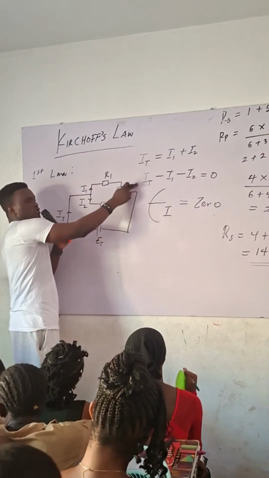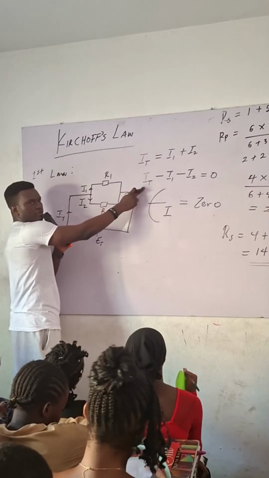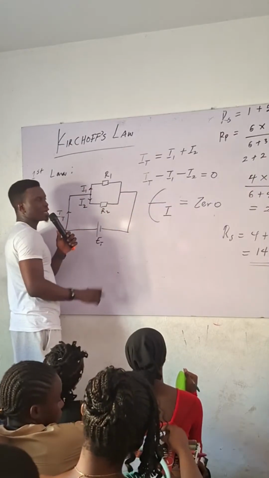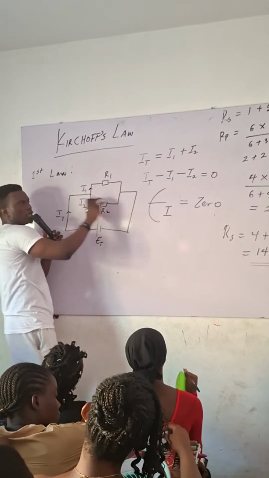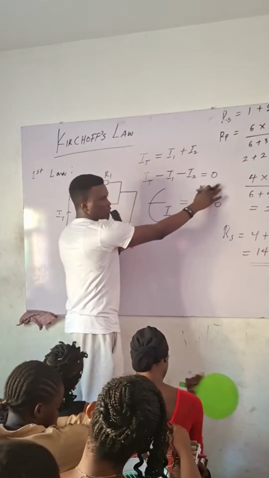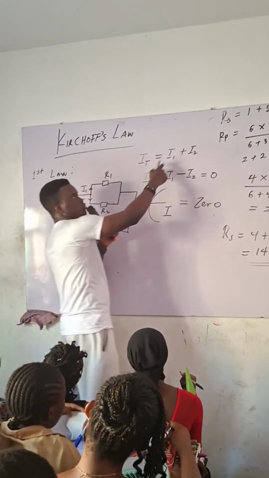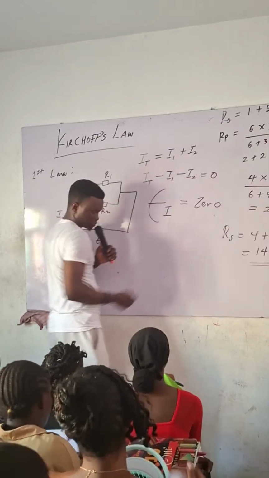That is what this one is. The one entering is assigned positive. The one leaving is assigned negative. Then you sum everything together, they will be equal to 0. Abi? Or you can still say IT is equal to I1 plus I2.